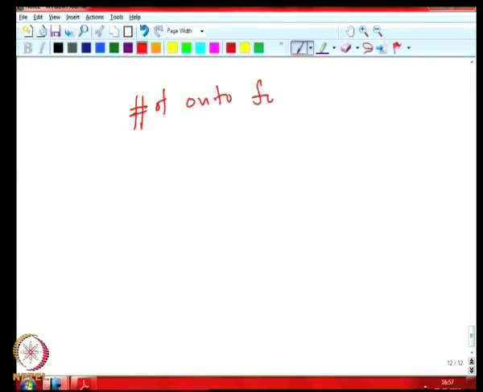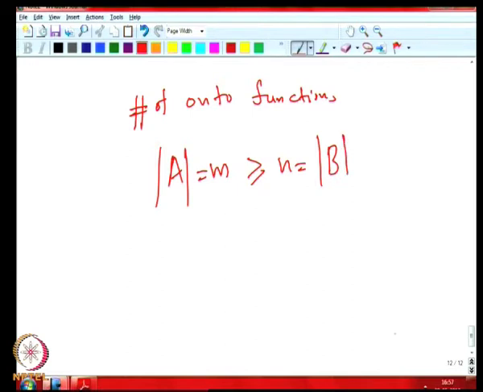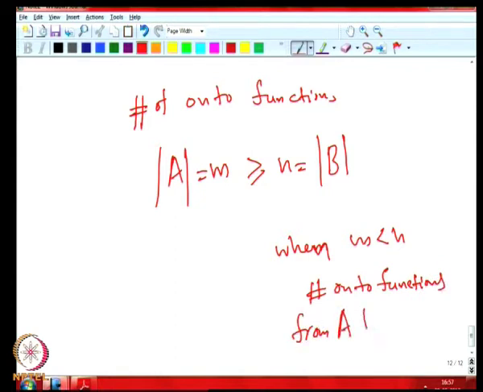As we said, we are assuming that now the cardinality of A equals m, which is greater than or equal to n, the cardinality of B. Otherwise we cannot have onto functions; when m is less than n, the number of onto functions from A to B is 0.